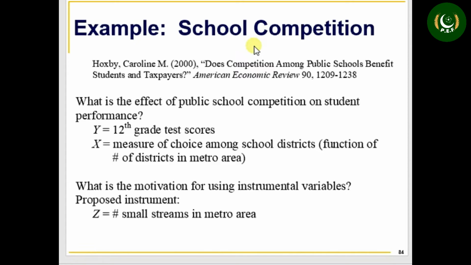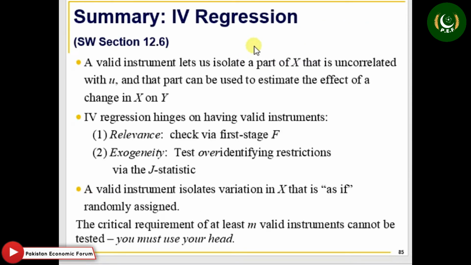You can read this paper and find out how small streams in metro areas are used as instruments, because small streams geographically determine the boundaries of those metro areas.